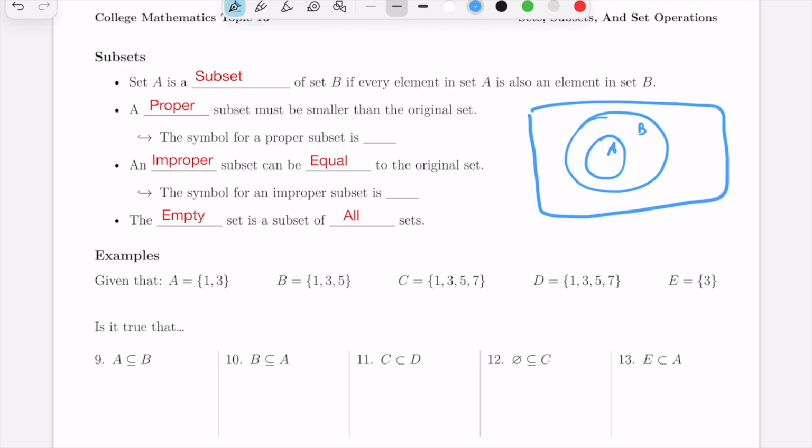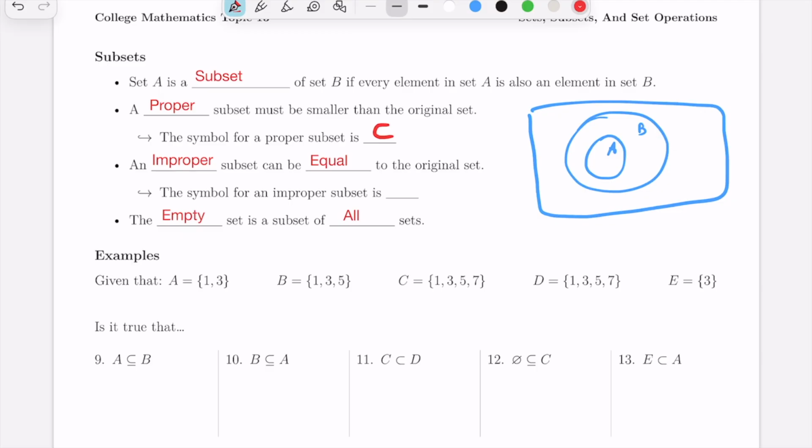Back up to our number sets from before, we could say that if B is the whole numbers and A is the naturals, then A is a proper subset of B because every element in the naturals is also in the wholes and it is smaller, sort of, because it doesn't have 0. The symbol for a proper subset is this.